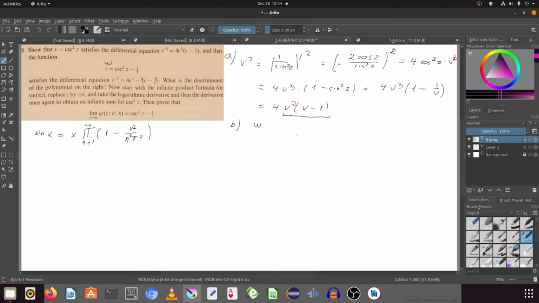So let's do it this way. I like this better, not knowing the result in advance. So we'll just substitute this. Doesn't that give a double root?